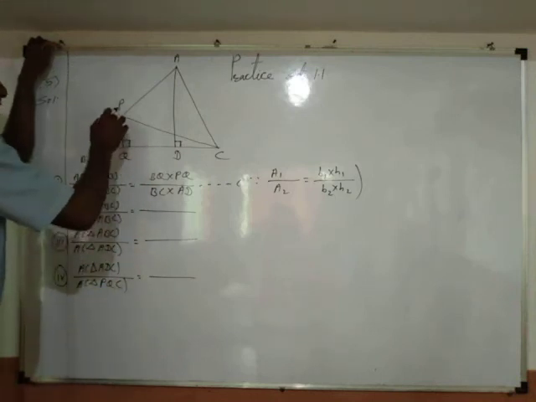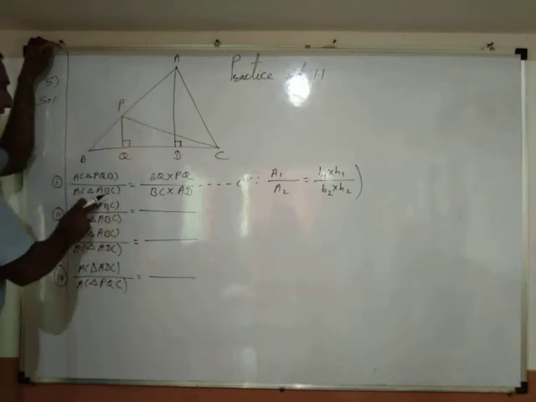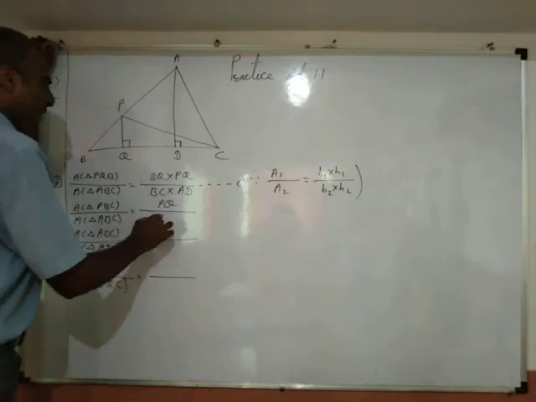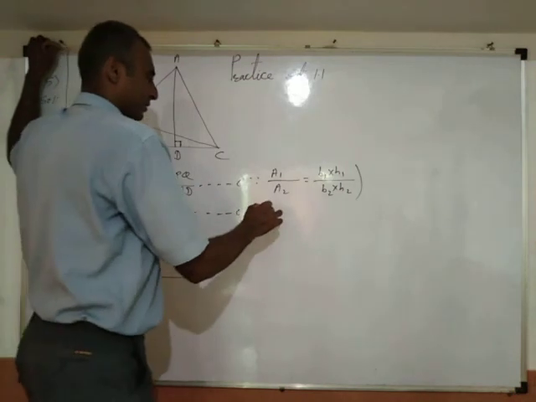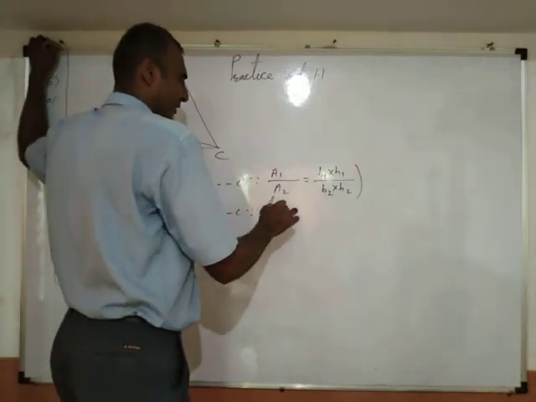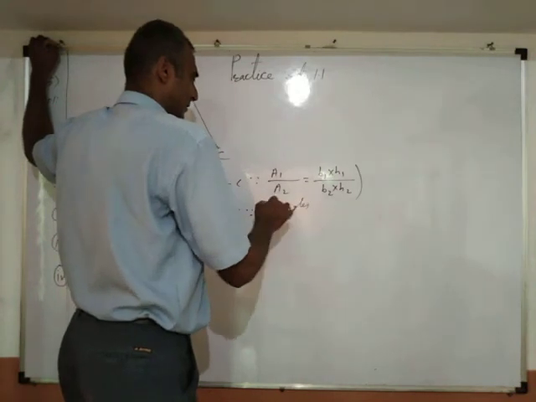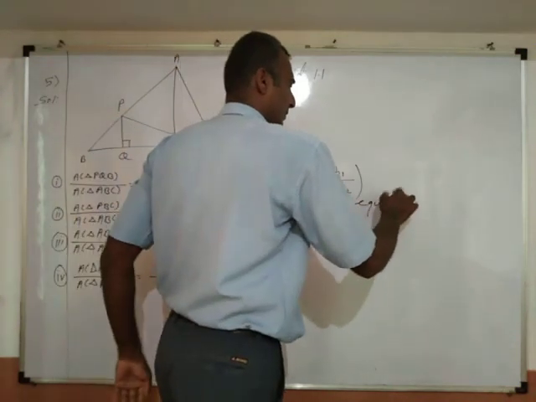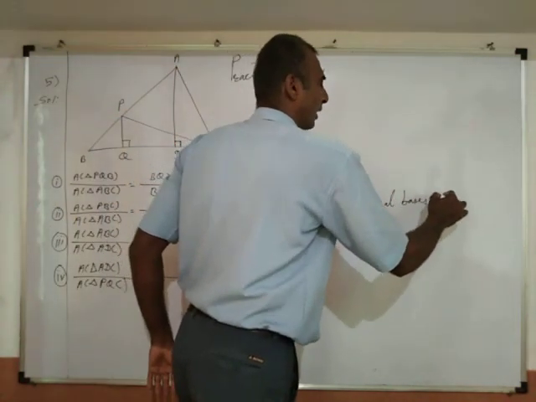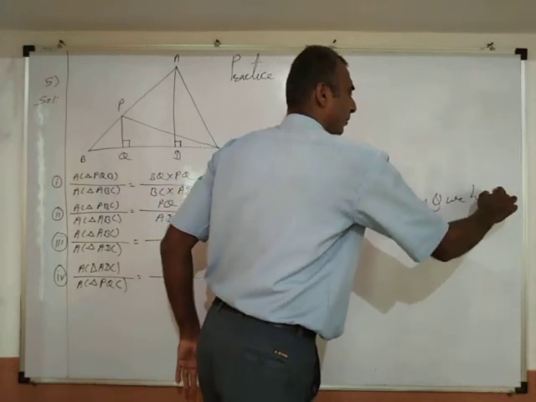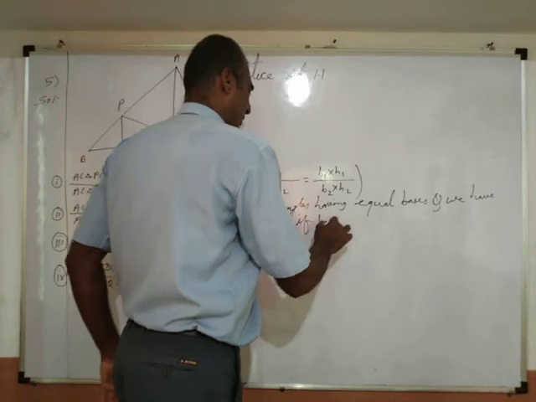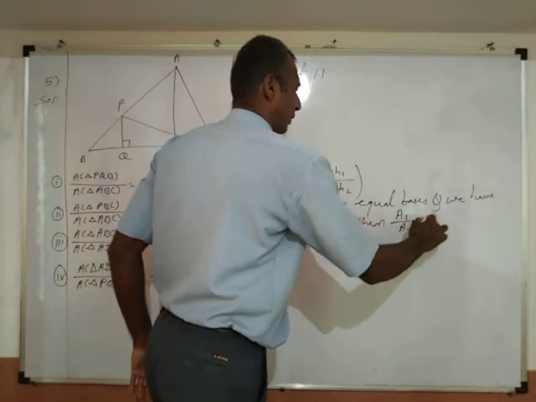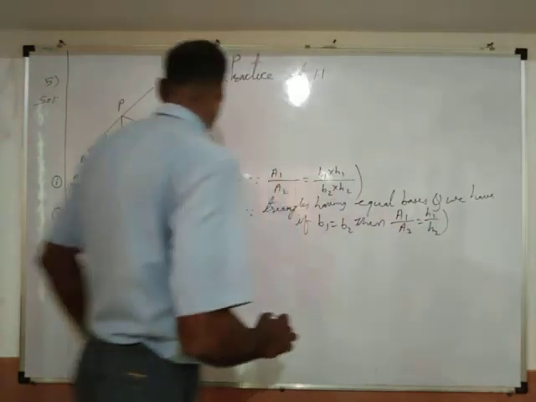That's why area of triangle PBC upon area of triangle ABC equals PQ upon AD. If B1 equals B2, then A1 upon A2 equals H1 upon H2.